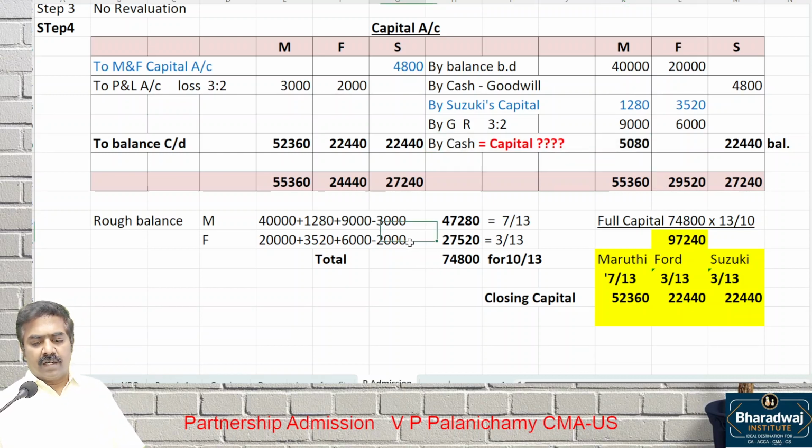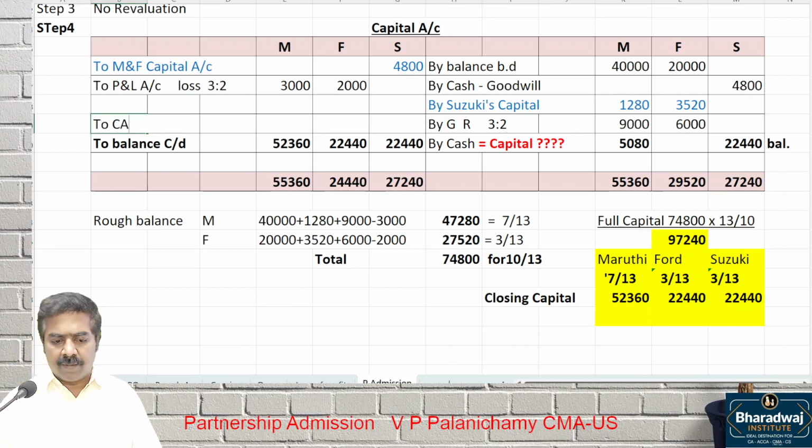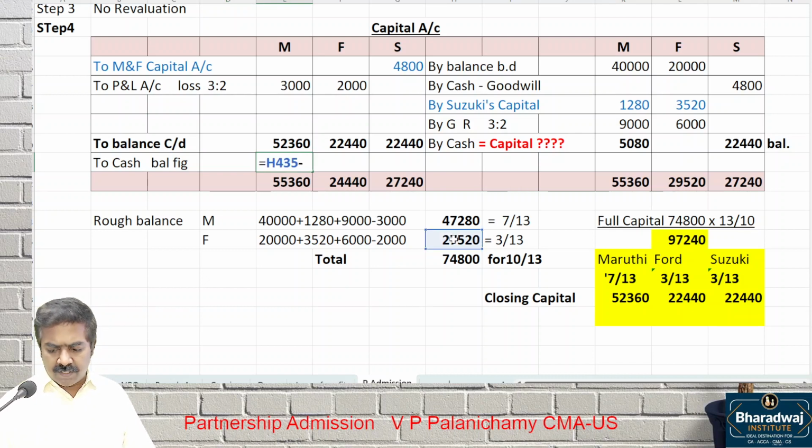Wait. What about Ford? How much has he got? 27,520 he has, but what is required? 22,440. The excess he can take back in what? Cash. This is a balancing figure. So cash, balancing figure. Don't adjust in current account. Is it given in the question? No. Is it mentioned in the question?